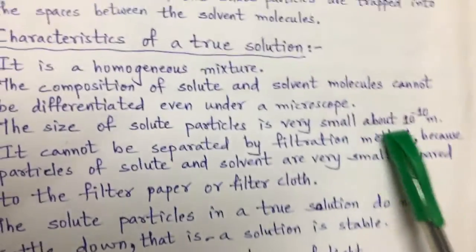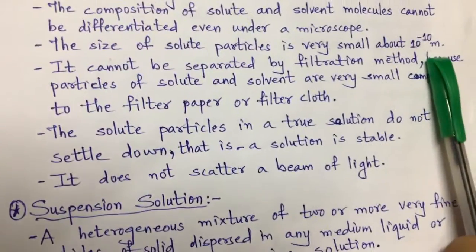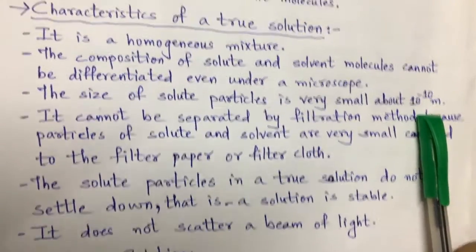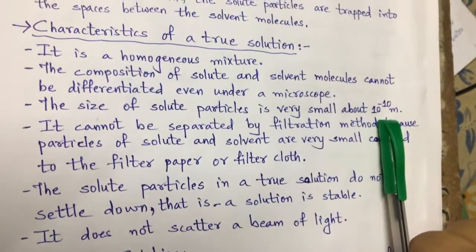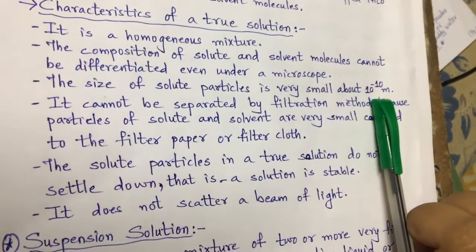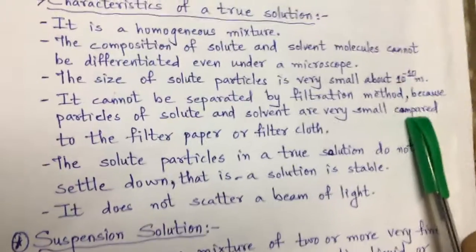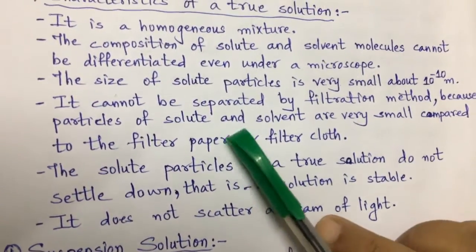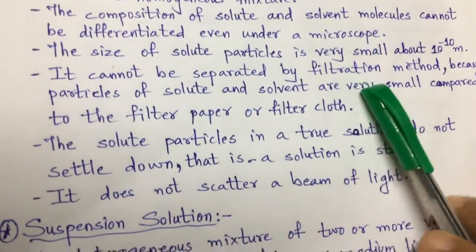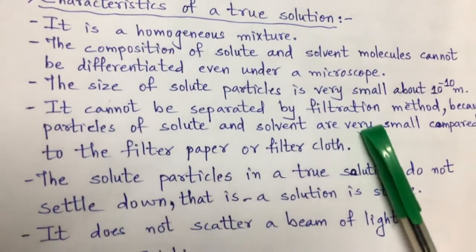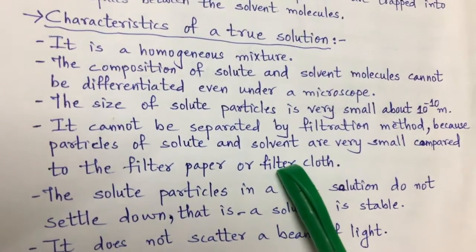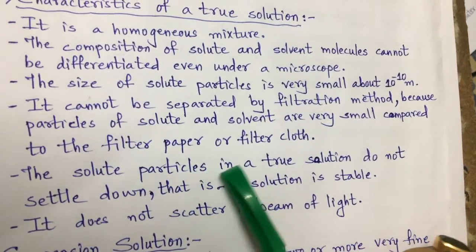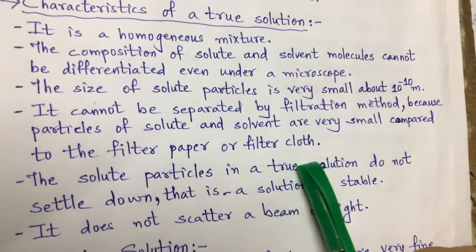In terms of measure, it is 10 raised to minus 10 meter, it means 1 upon 10 raised to 10 of 1 meter. So very small. And as they are very small, they are not separated by the filtration method, because the particles of solute and solvent are very small compared to the pores of the filter paper or filter cloth.